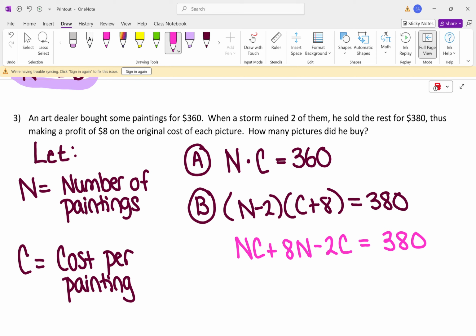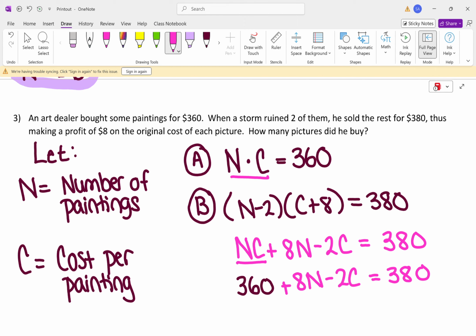Would elimination be a good idea here? No, elimination is not an option here. Look here, NC equals 360. Isn't there an NC right here? So I'm going to take that 360 and sub it in for NC. So now I have 360 plus 8N minus 2C equals 380.